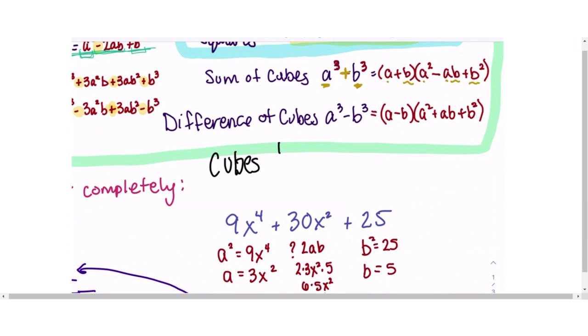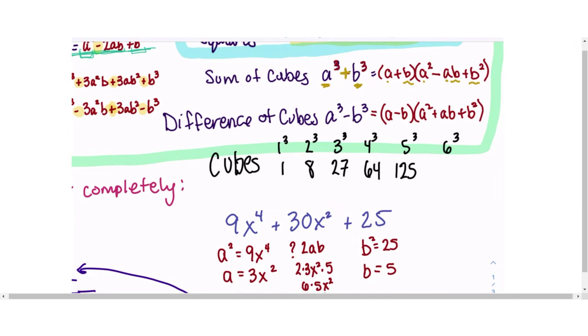I know that 1 cubed is 1. 2 cubed means 2 multiplied by 2, which is 4, multiplied by 2, which is 8. 3 cubed is 3 multiplied by 3, which is 9, multiplied by 3 is 27. 4 cubed is 4 times 4, which is 16, multiplied by 4 is 64. 5 cubed is 5 times 5, which is 25, multiplied by 5 again is 125.